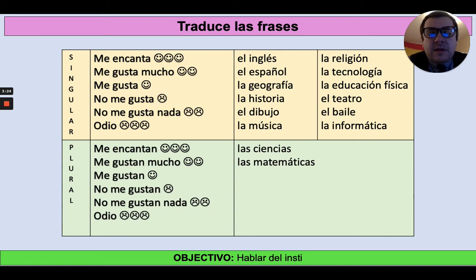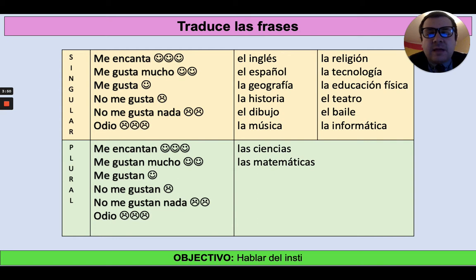Okay, so now I'm going to give you an opinion, okay, in Spanish, and you're going to translate it into English. Okay, so I'll say it in Spanish, you pause the video, write your translation, and then I'll tell you the answer. Okay, so the first one is me gusta mucho la historia. Okay, so me gusta mucho la historia is I really like history.